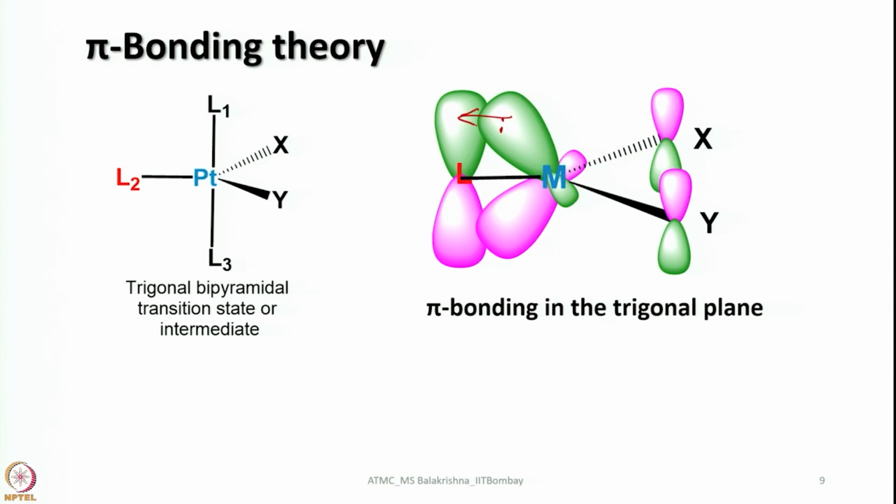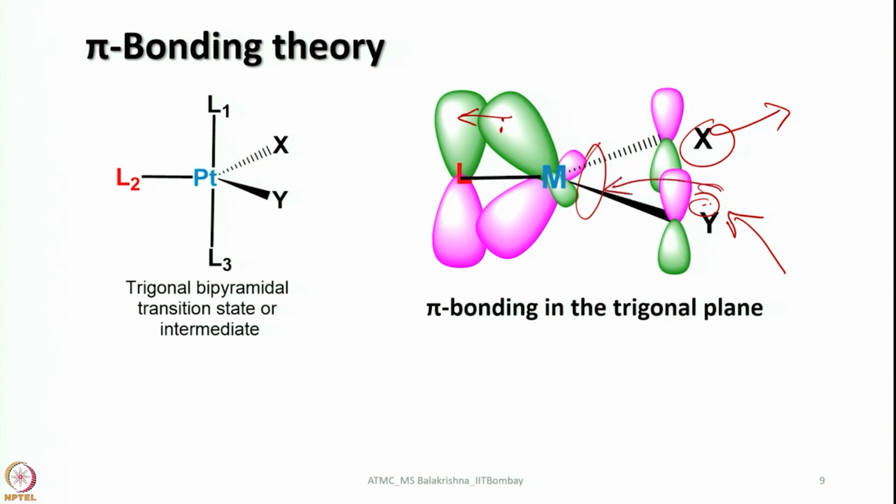As a result, the entire electron density is pulled towards the strong pi acceptor ligand, and less electron density is left here. Let us say this is the leaving group and this is the entering group. This can leave, whereas this one is coming with a pair of electrons, and this is an excellent nucleophilic site.